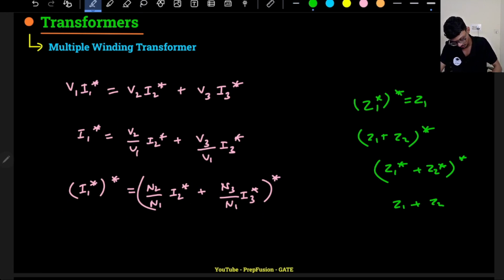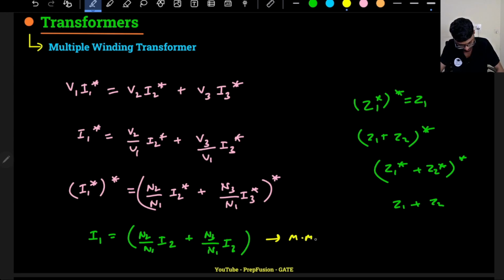So this will be I1 equals, since N2 by N1 is just a constant number, I2 conjugate of conjugate, that is I2 only, plus I3 conjugate of conjugate, that is I3 only. So from here as well you can see the MMF balance equation. There are many ways to prove a single thing, so this is another way that you can use to get the MMF balance equation.